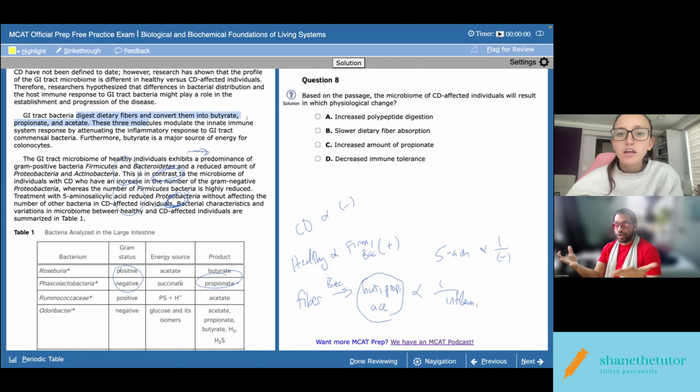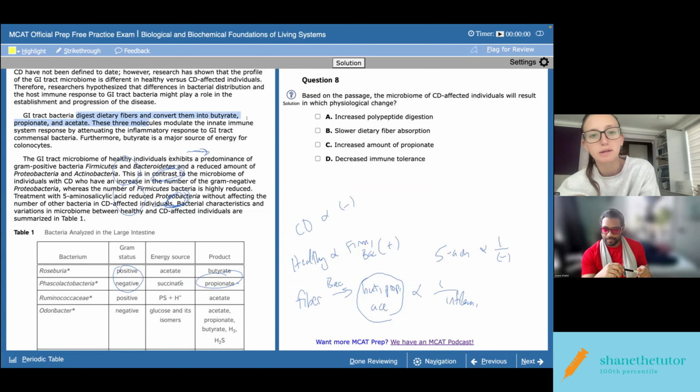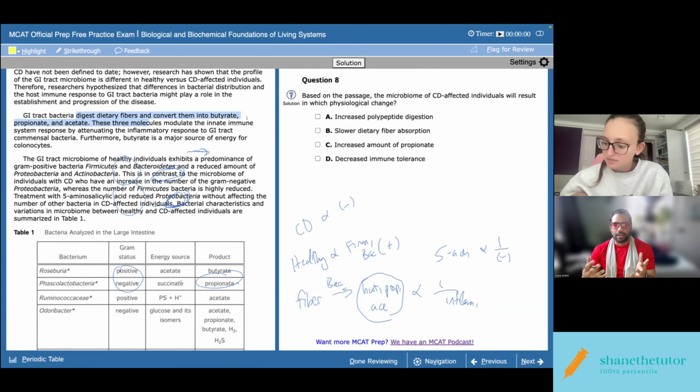You know how in CARS, if you know something about the topic but it's not explicitly said in the text, it's better not to use it to answer the questions. So CARS is the epitome of don't bring your own knowledge into things. Sometimes it can help to have a vocabulary to digest some parts of the passage, but you don't want to bring in your own knowledge of whatever topic it is.